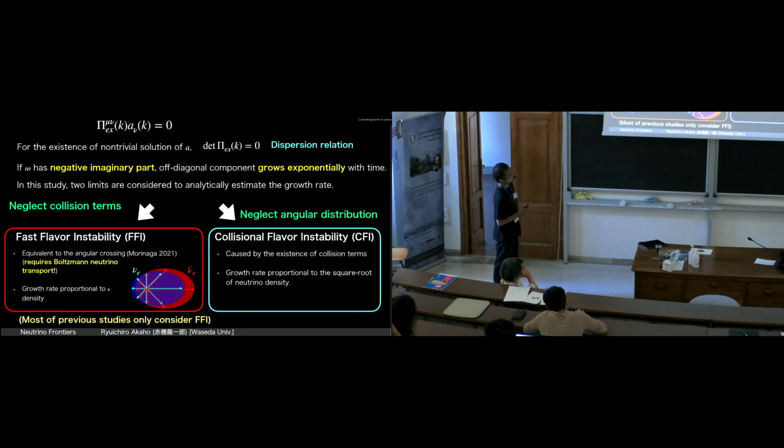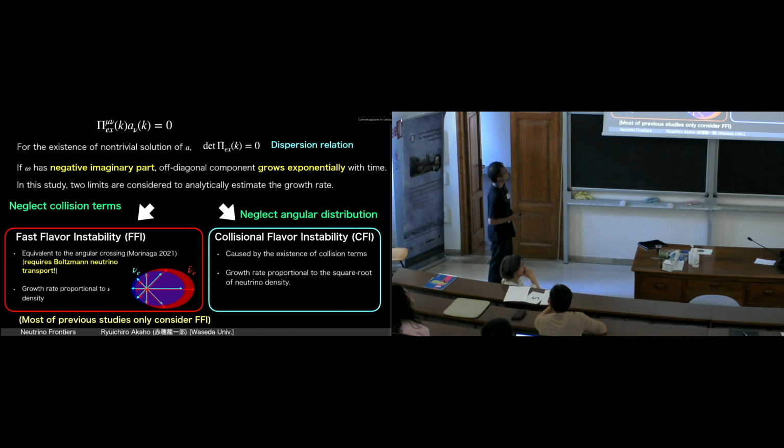So in order to simplify the analysis and derive the analytical formula, I further assume two kinds of things. One is to neglect the collision terms, which reduces to the fast flavor instability. And another one is to neglect the angular distribution, which leads to the collision flavor instability.